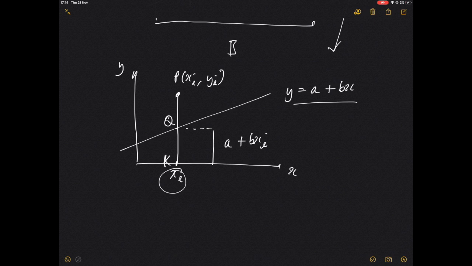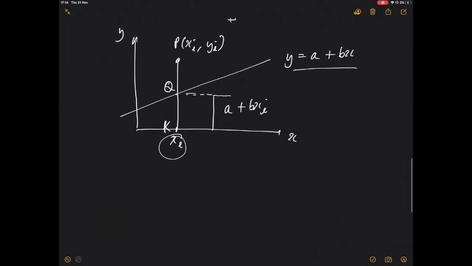So this helps us describe the beginnings of the line. Okay, so now we have this. What we're trying to do is we have multiple of these P values, and we're trying to fit them onto the line. So we need to find a way in which we can find the distance from P to Q.